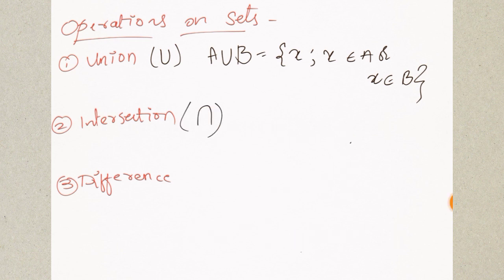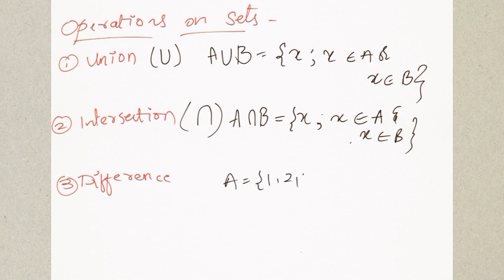Okay, so now we will see intersection. Intersection is usually denoted in this way, an upside-down U. If I have to find A intersection B, it is the set of X where X belongs to A and X belongs to B. I'll make it clear with an example. Suppose A is the same set {1, 2, 3} and B is the set {2, 4, 5}. Now to find A intersection B, I have to find the things which are common to both sets. What is common in both sets?